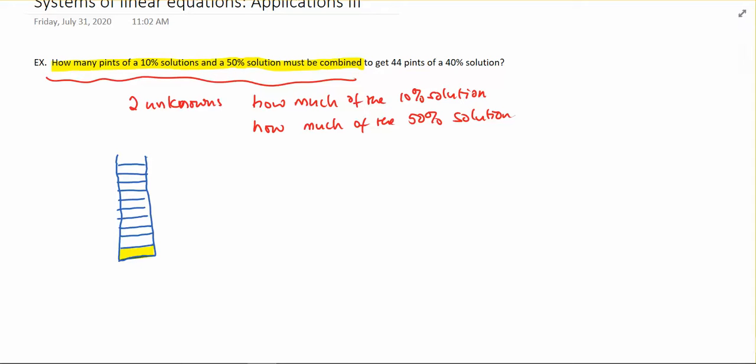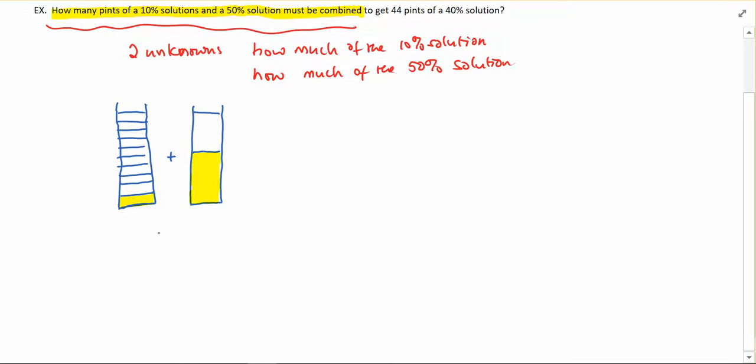And likewise, we have this 50% solution right here, right? And it's a 50% solution, so that means if we had X-ray vision, half of this would be the pure 100% undiluted solution, and the other half would be whatever else. So what we want to do is basically combine these two and create a new solution that has 40% solution to it, right?